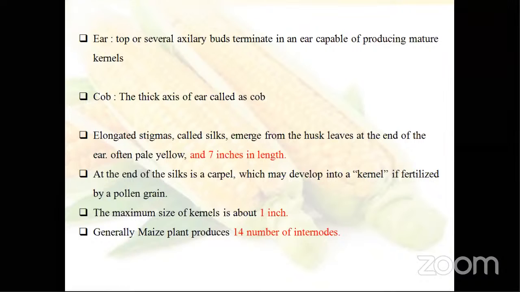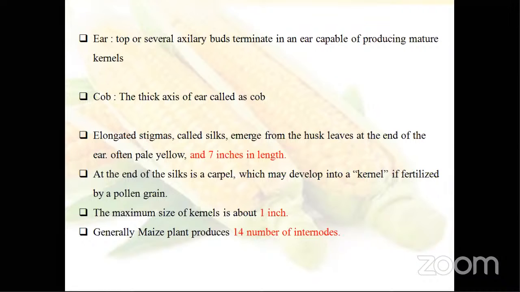At the end of the silks is a receptive part which may develop into a kernel after pollination and fertilization. Once the pollen comes to that, pollen germination occurs and pollination is complete. Once pollination is complete, it forms the fertilized kernels or seeds, that is the maize seed.